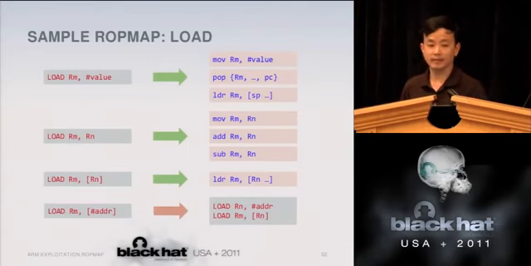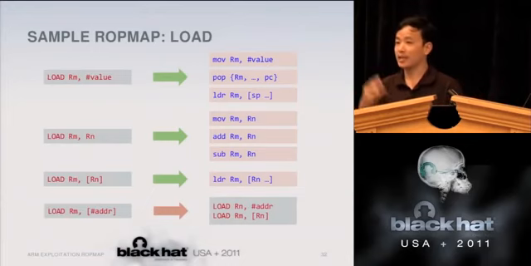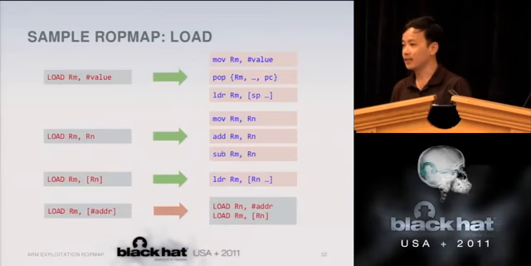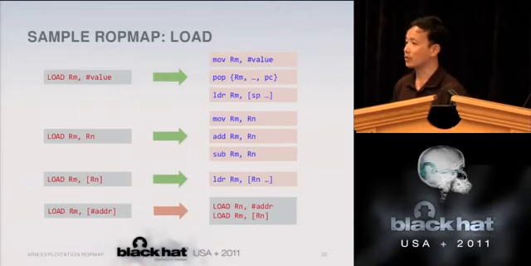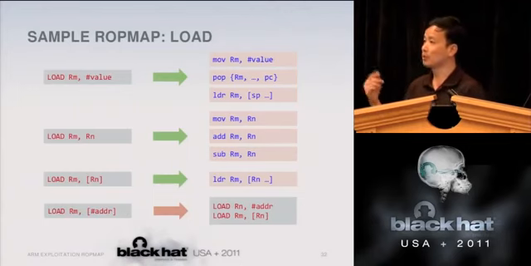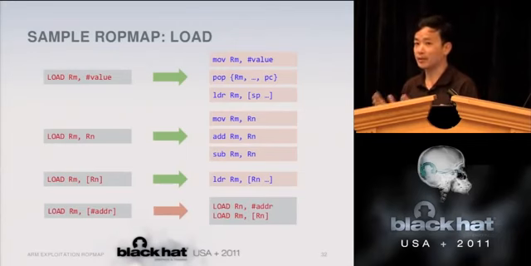So for load value to register, we can map to three gadget instructions. For load register to register, similarly, we can have three possible instructions, like move register to register or add register register.